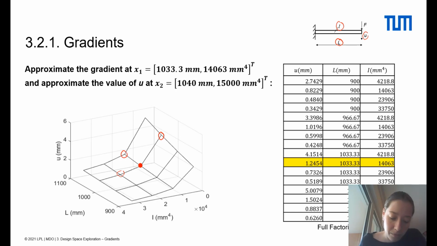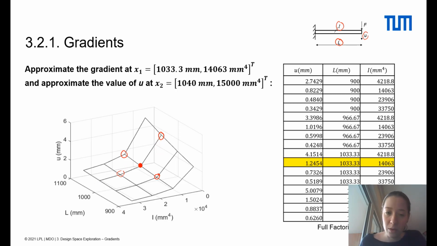For du over dL, the approximate gradient with respect to length, we're going to look at those two points where we keep the inertia fixed, and look at the two neighboring points for L. For the gradient with respect to I, the inertia, we'll keep L fixed here and look at those two neighboring points.